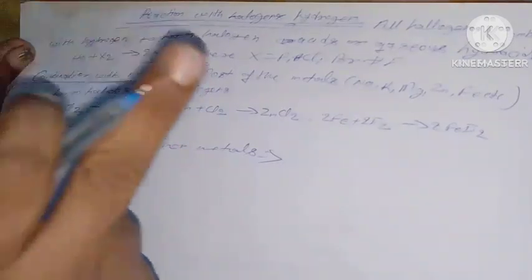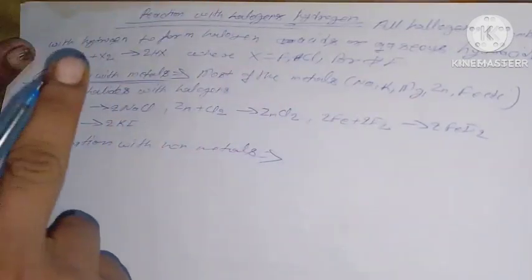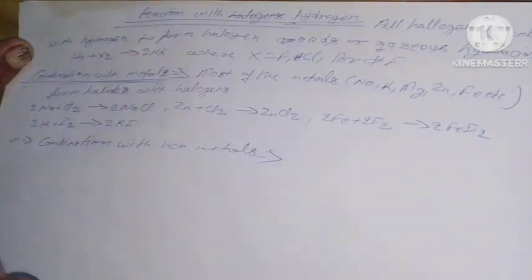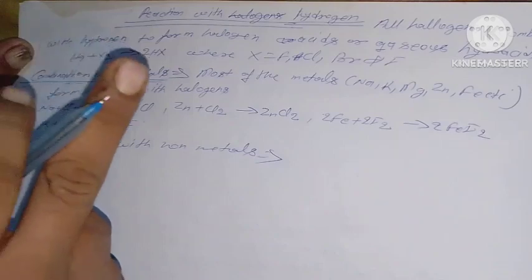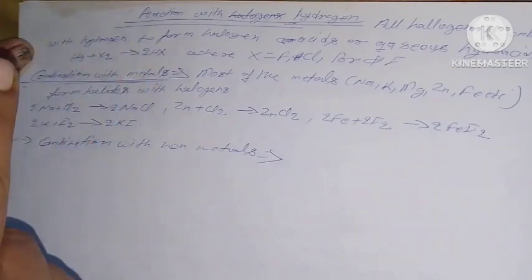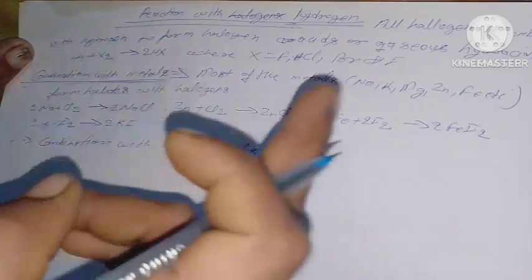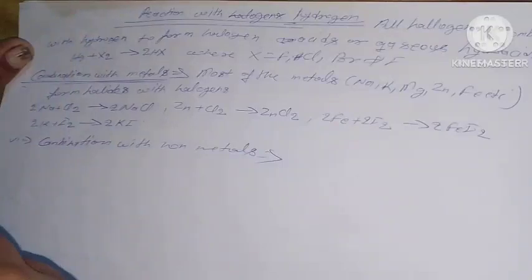They have little affinity for oxygen and form a few oxides which are extremely unstable. For example, sulfur forms a fluoride with fluorine like SF6, SCl4 with chlorine, and SBr2 with bromine, and does not react with iodine.